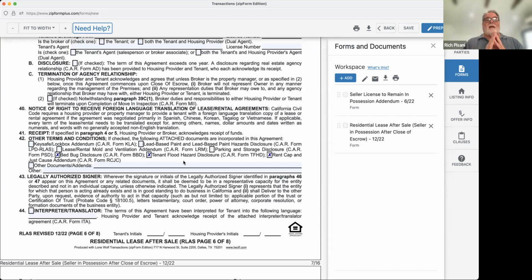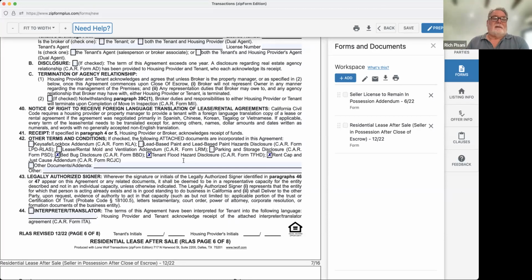Once that property is leased, you're done. You have no more involvement. It's now a tenant landlord issue, and they need to deal with themselves with any issues that commence from that point forward.